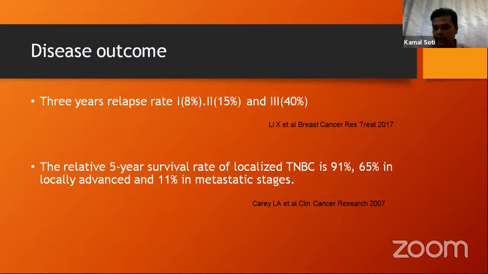So the 5-year survival rate of such patients is around 11%. Maybe the poor survival outcome in such patients might be because of the lack of targeted agents in triple negative breast carcinoma and the development of resistance whenever we give chemotherapy to such patients.